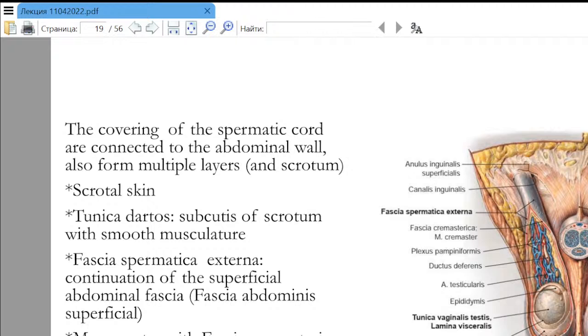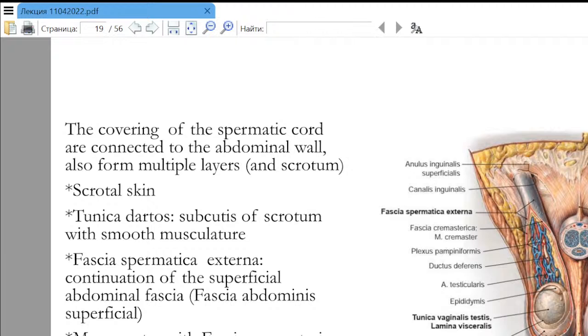So the layers are scrotal skin, tunica dartos, fascia spermatica externa, cremaster muscle, fascia spermatica interna, and tunica vaginalis testis with lamina parietalis and lamina visceralis.